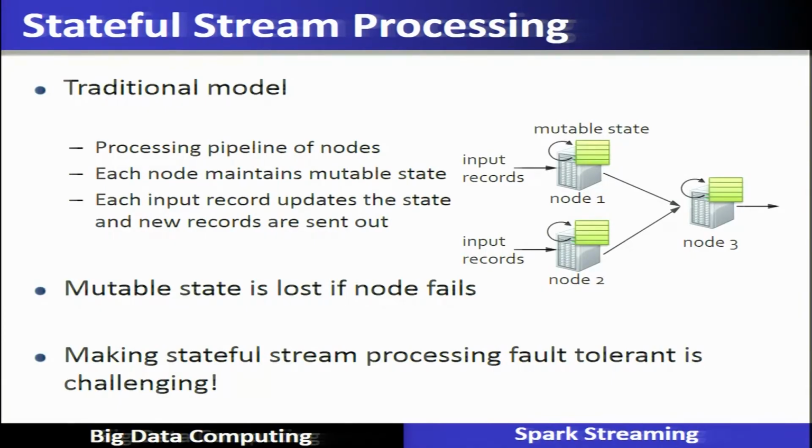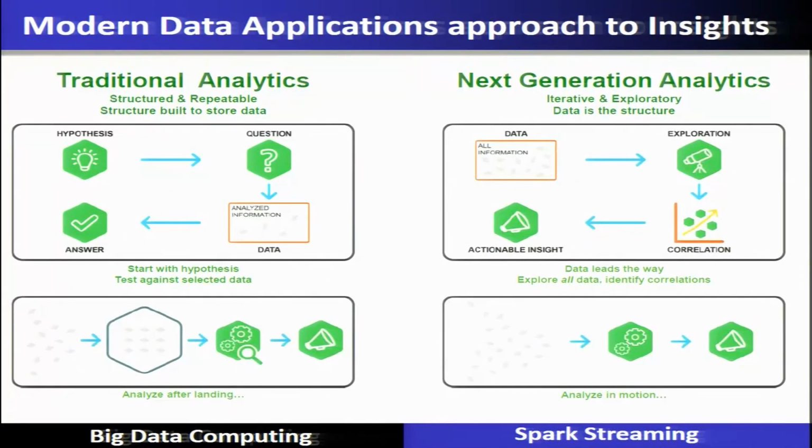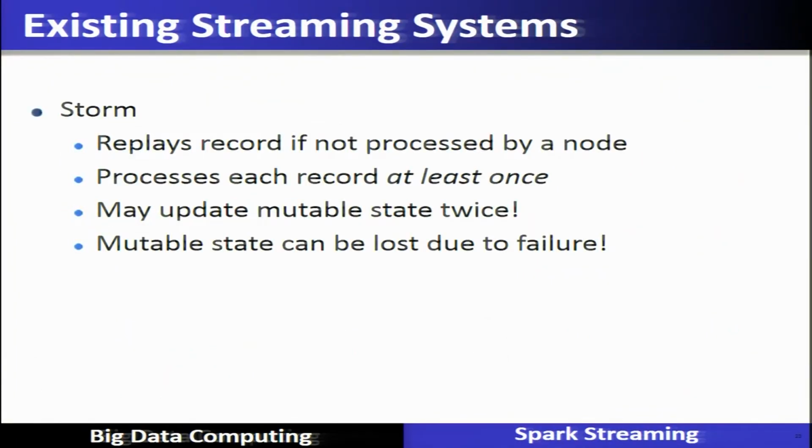In the traditional model, as we have seen, it provides a pipeline, and if the mutable state is lost, then it has to be handled. So let us see the modern data application approaches for more insights. Traditional analytics basically requires this kind of analysis.